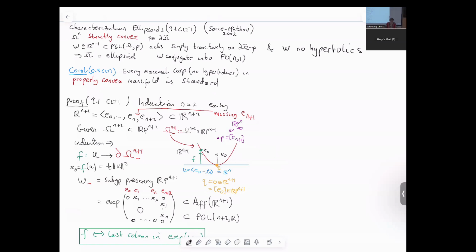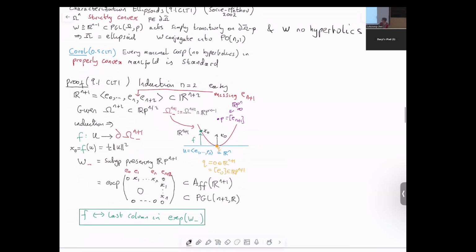And then the point you notice is that when you exponentiate out this group, the last column in this matrix is the orbit of the origin. So the last column, when you exponentiate out this, the entry here is this function f. And so the point is that inductively on dimension, we know in this codimension 1 slice, the group we're dealing with is standard.